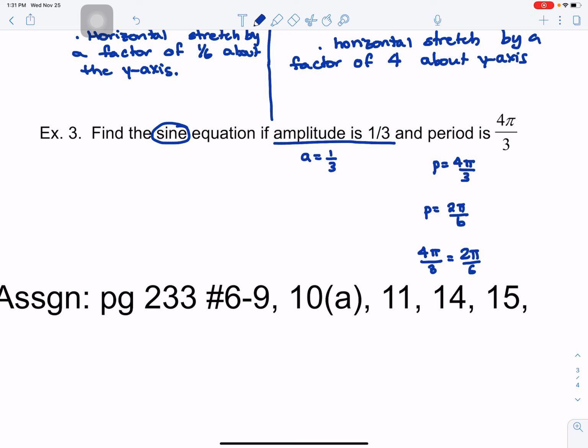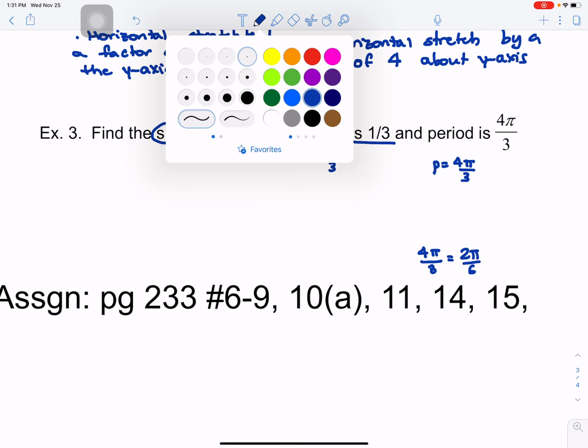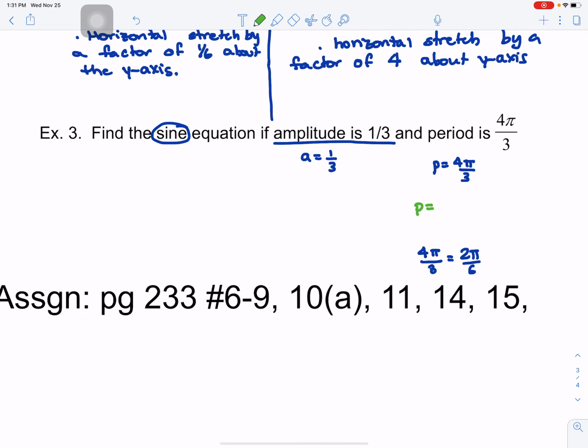Whoops, I wrote that wrong. My period formula is 2 pi over b. So I already know my period is 4 pi over 3 equals 2 pi over b.